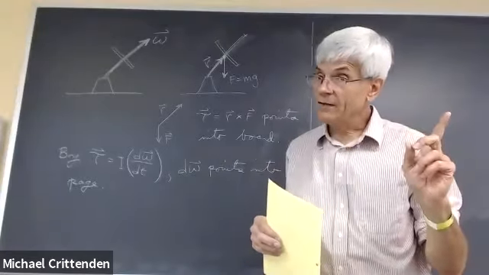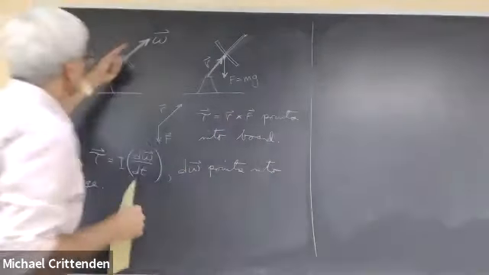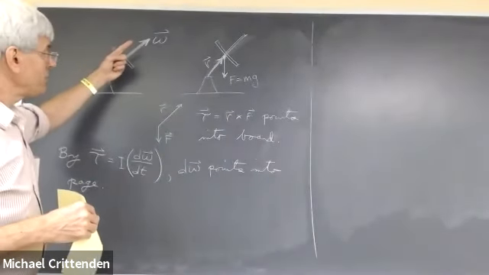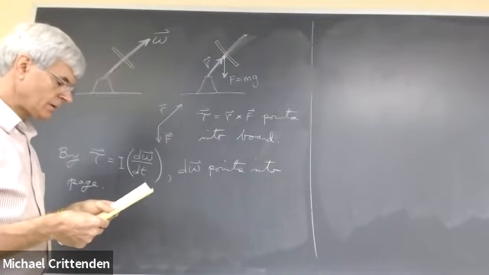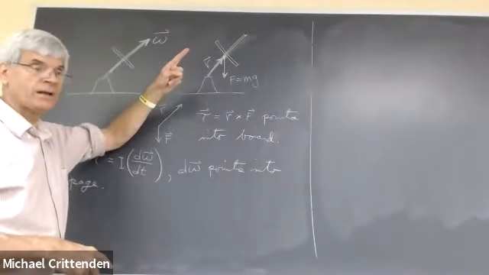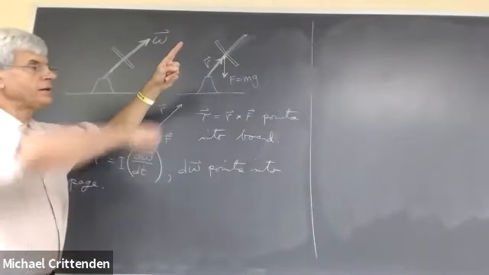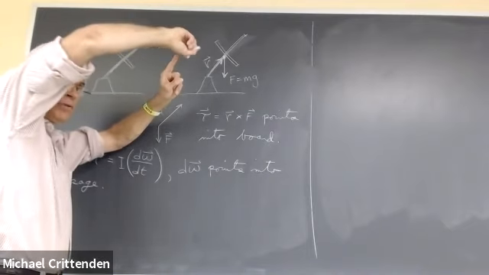But if it's already spinning, then it already has an angular velocity around this other axis. And if this is omega initial, and d omega points that way.